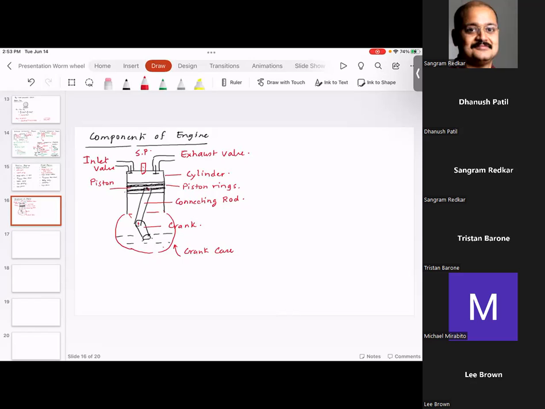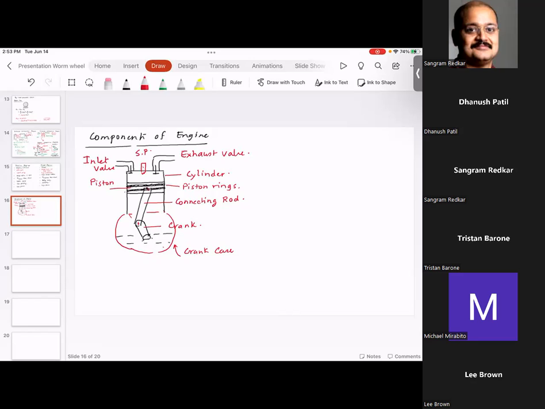Those high pressure gases generate very high forces onto the piston, and that piston starts moving downward, and that is called the expansion or power stroke, and that is the only stroke where the fuel energy gets converted to mechanical work.